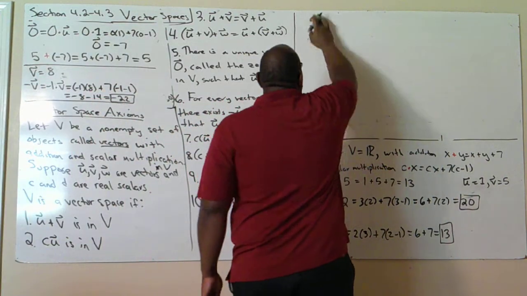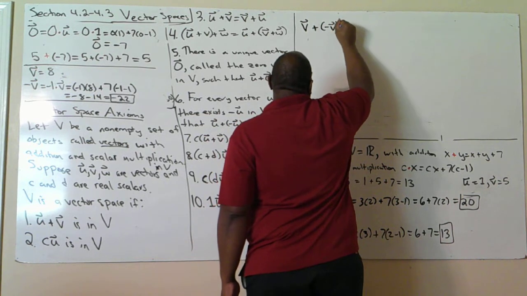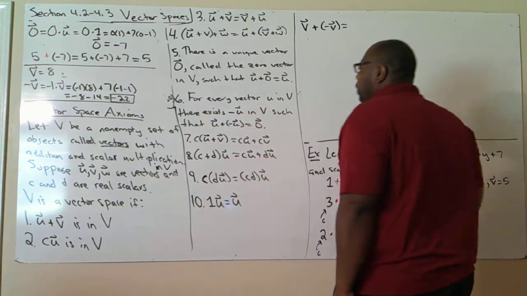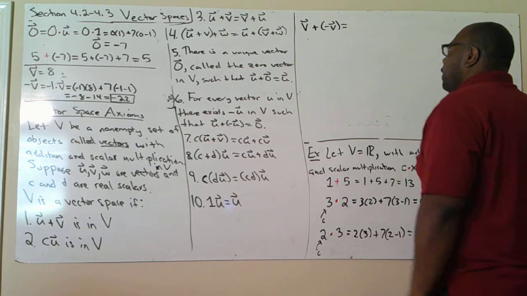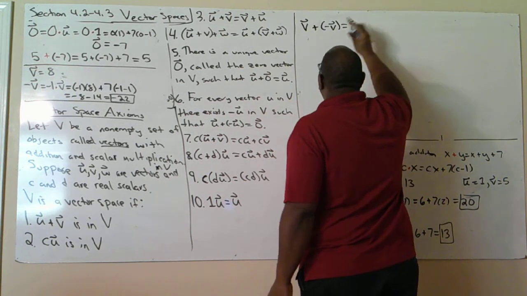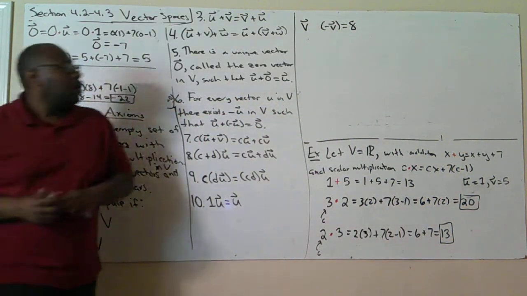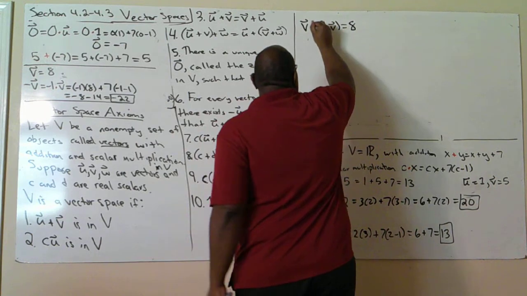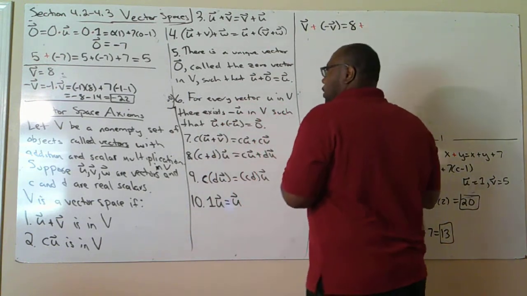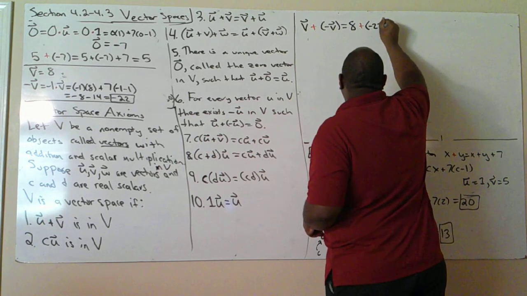Well, let's do v plus negative v. We should get the 0 vector back, right? That's what we want to get. So v plus negative v, so I get 8 plus negative 22.